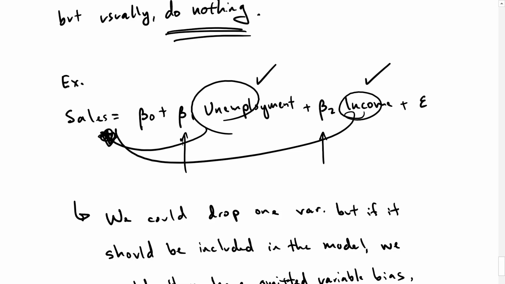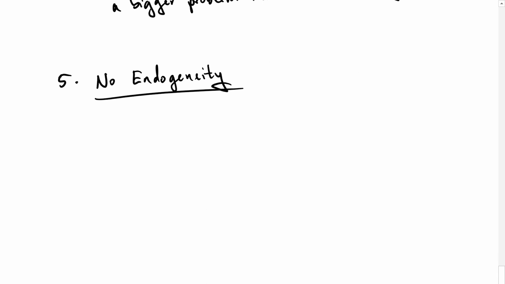Okay, and so let me explain part of the last reason why endogeneity, and then in the next video, I'll do an entire video just on some of the sources of endogeneity. So remember, endogeneity is when the error term is correlated with one of the x variables.